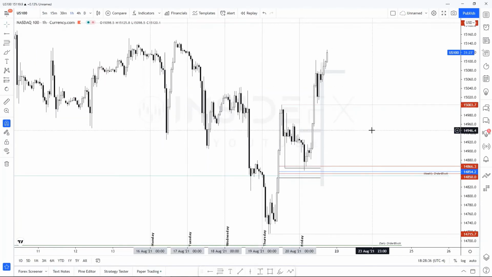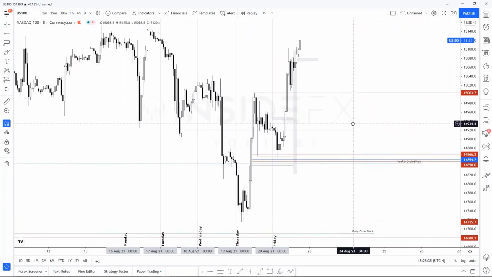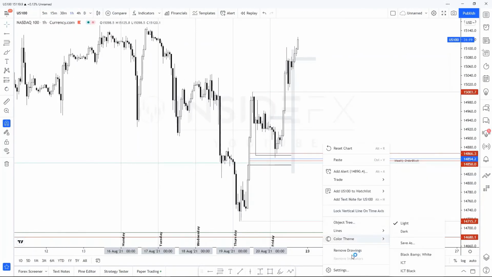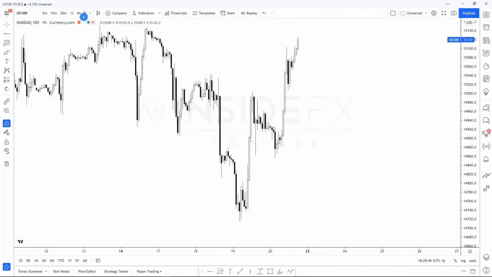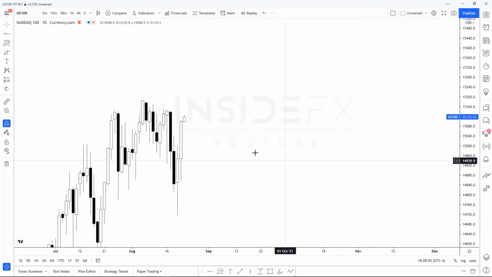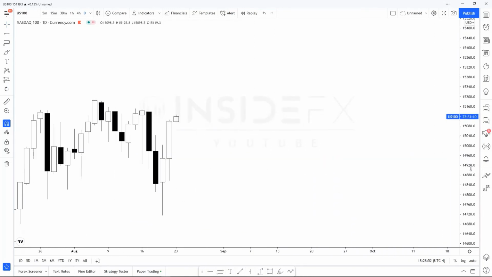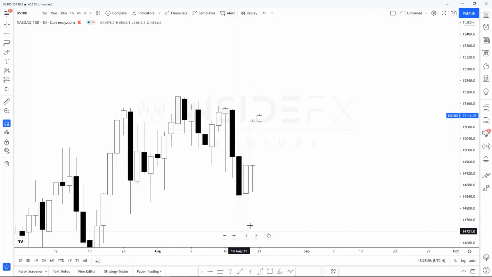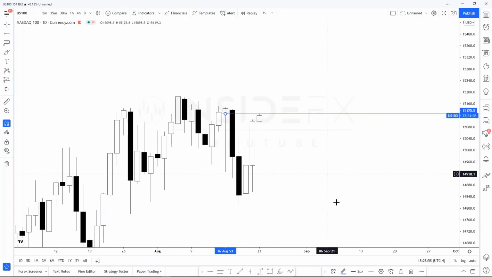So let's take a quick look at what we can possibly expect. I'm just going to clear this up and start off from the daily time frame. We can see we are approaching this last up close candle, which could play as resistance.